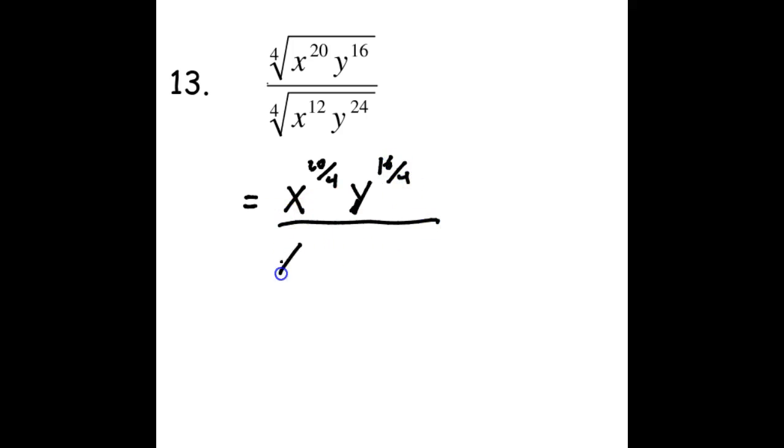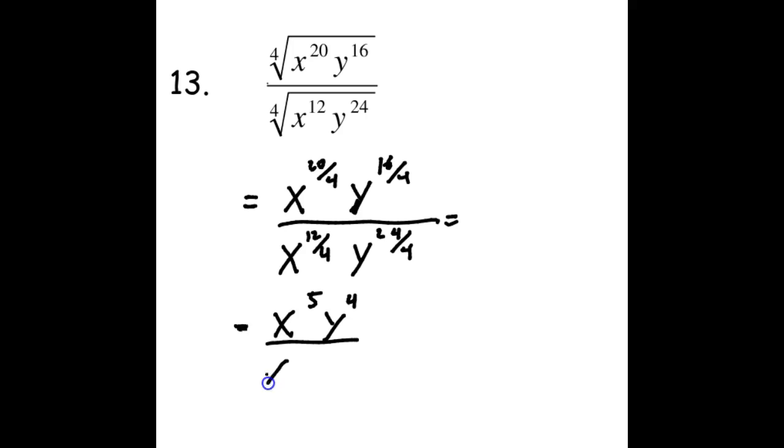We'll have 12 divided by 4 and 24 divided by 4. So we have, let's see here, x to the 5th, y to the 4th, and x to the 3rd, and y to the 8th.